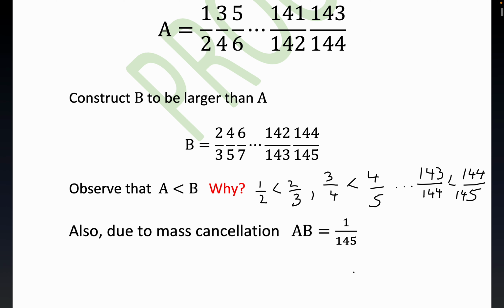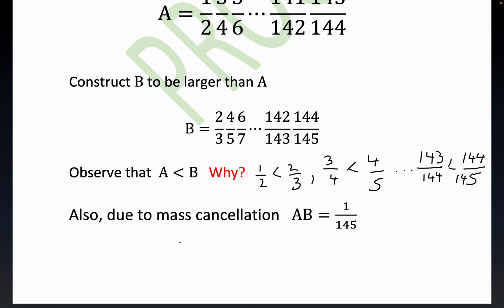Okay, so let's see how we can use that. If you multiply this known inequality by A, you get A squared is strictly less than AB.